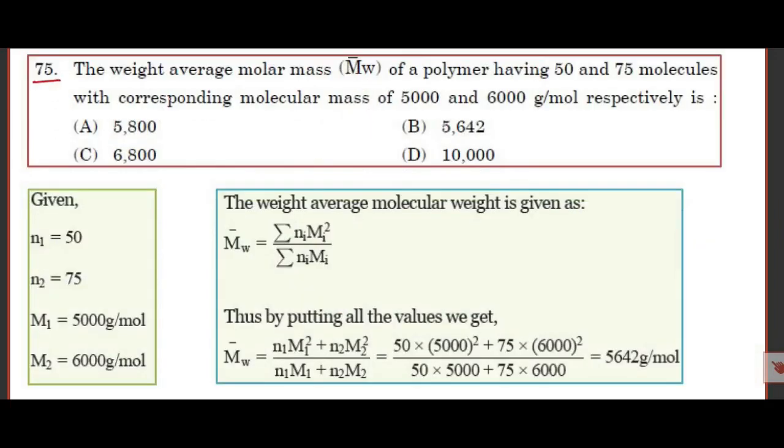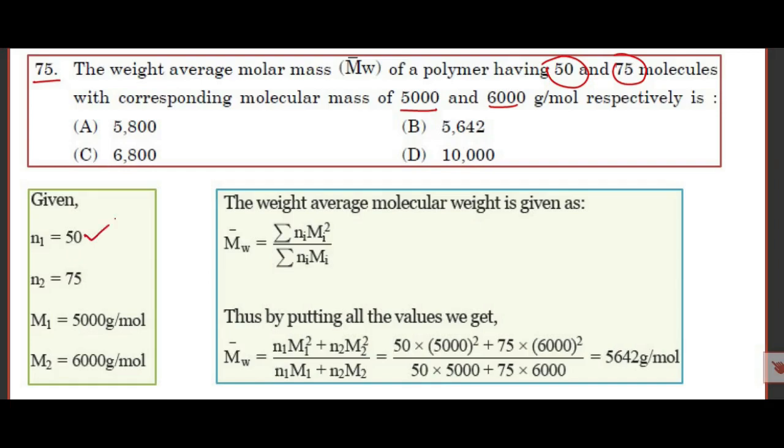Question number 75. The weight average molecular mass MW of a polymer having 2 monomer 50 and 75 with the corresponding molecular weight 5000 and 6000 gram per mole is given. Now you have to calculate the MW.